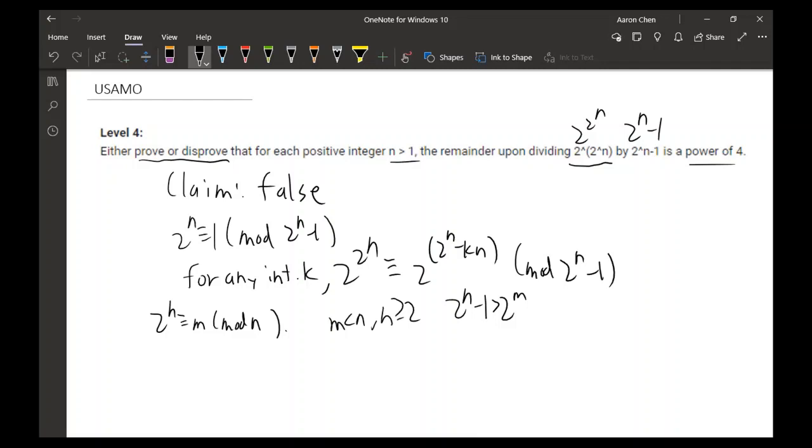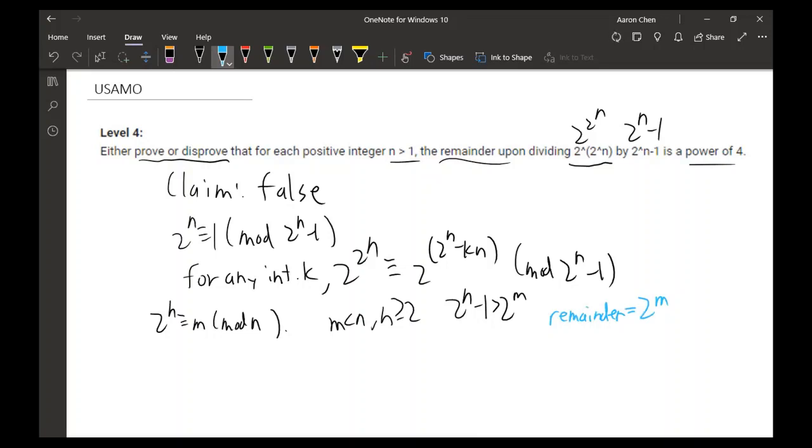But neither of these conditions is true, because n is at least 2, assuming, of course, that m is less than n. So the remainder in the question stated here is equal to 2 to the power of m.